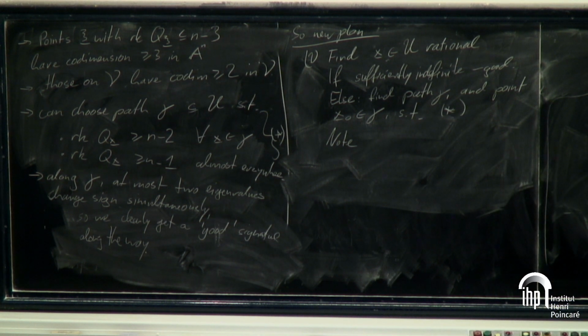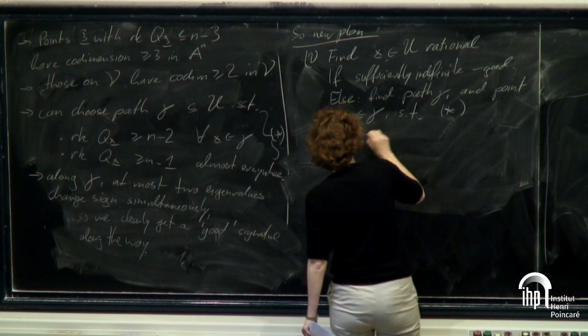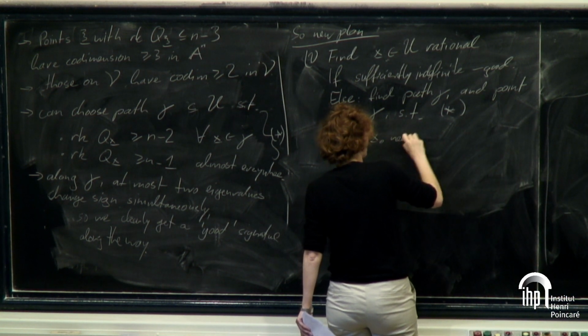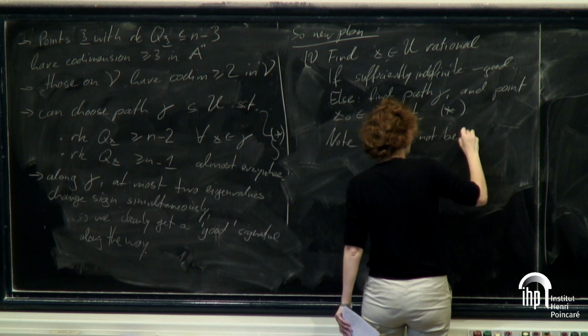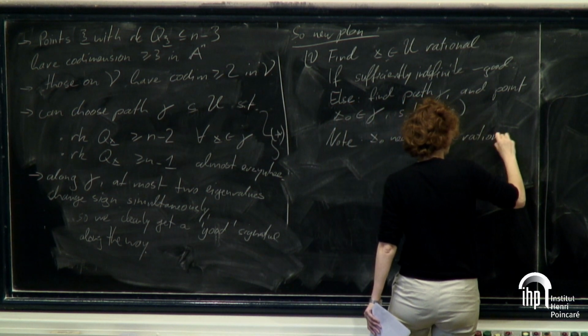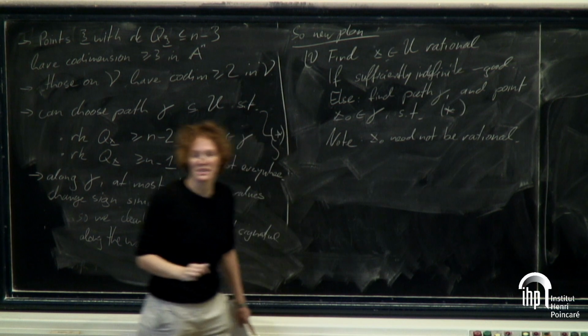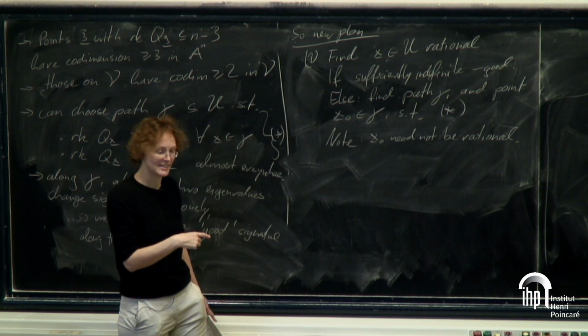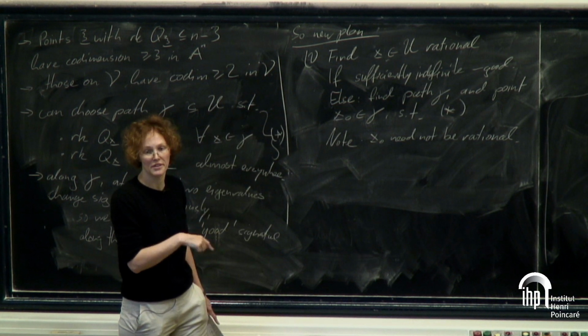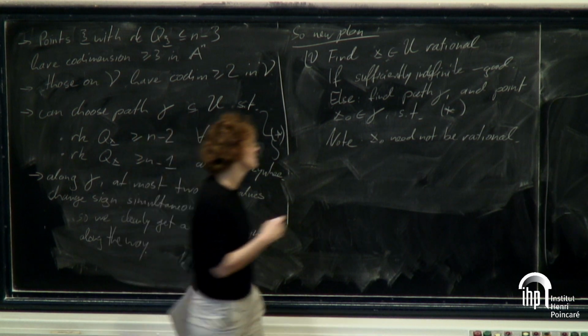That point we found need not be rational. But by weak approximation, we can find a point that's closer to x naught than the nearest bad point.